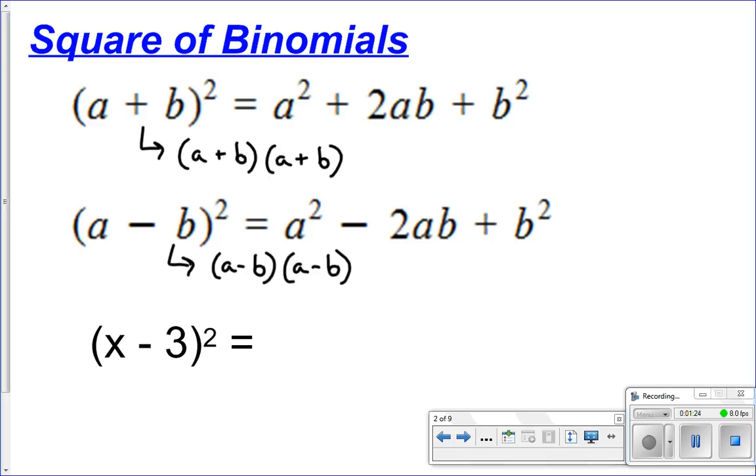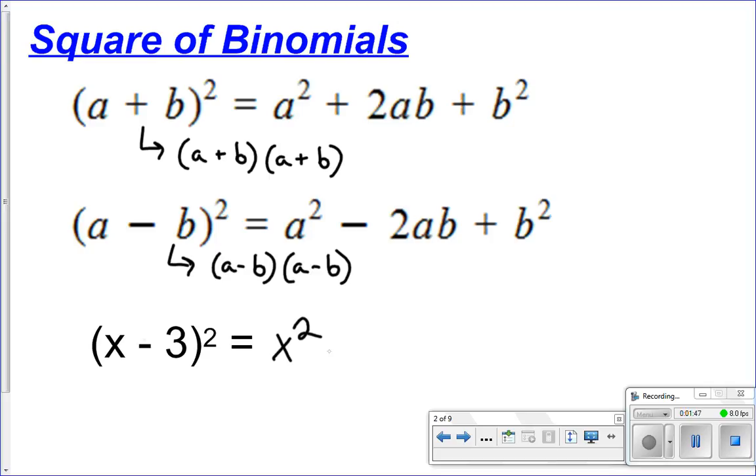So I have x minus 3 squared. So it's going to use a minus b squared. It's going to use this formula. So it's going to take the a term, which is the first term. In this case it's x, and it's going to square it. So we get x squared. And then it's minus 2 times a and b. So 3 is my b, x is my a.